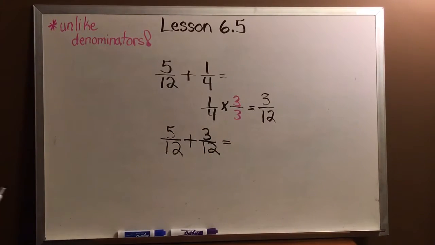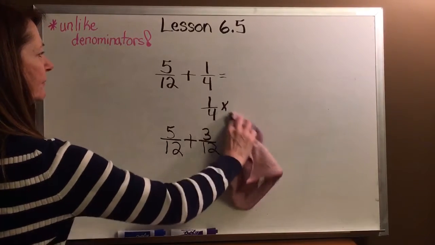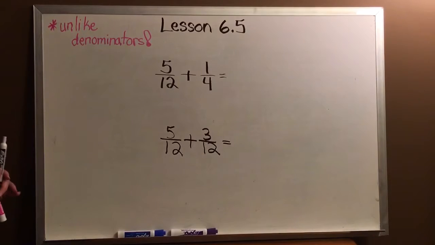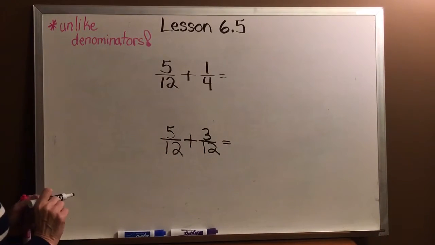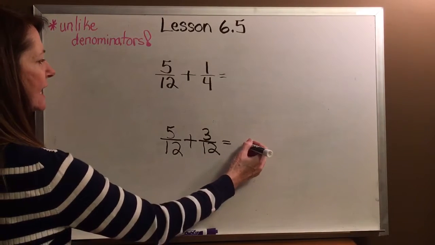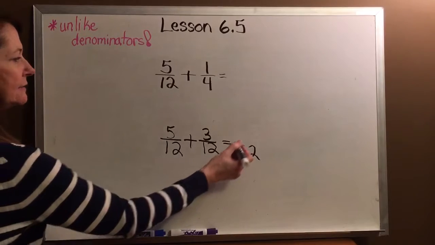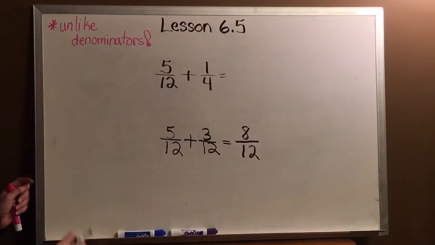So essentially, what we're looking at is really the same problem. 1/4 is equivalent to 3/12. Now I can add. Remember, my denominator stays the same. 5 plus 3 is 8. Look carefully at this because we're not done.